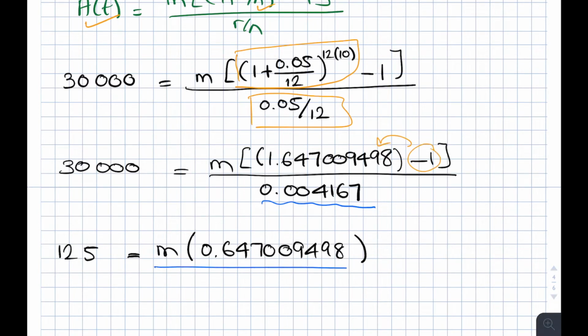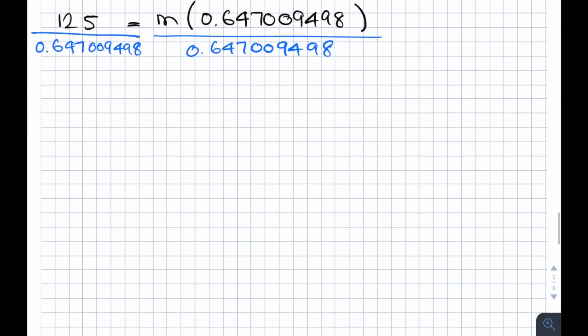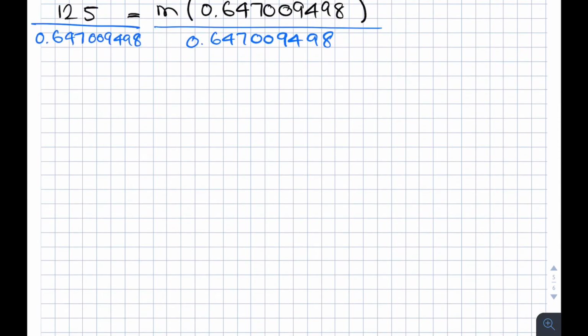And now I'm going to divide both sides by 0.647009498 to get m by itself. And that gives me the value of m equals $193.